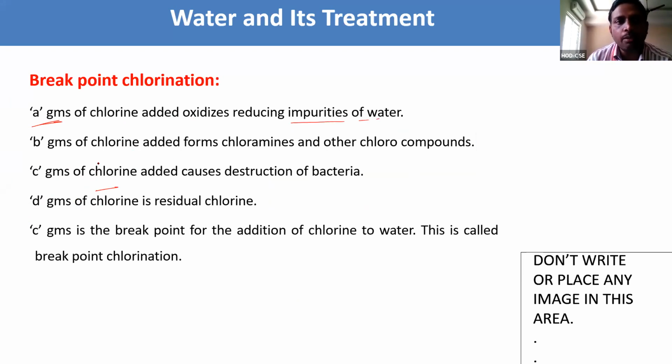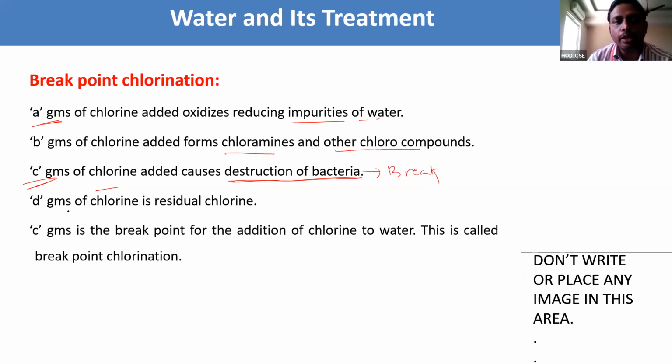If B grams of chlorine is added, it forms chloramines and other chloro compounds. If C grams of chlorine is added, it causes the destruction of bacteria. This C grams is called the breakpoint of chlorination.